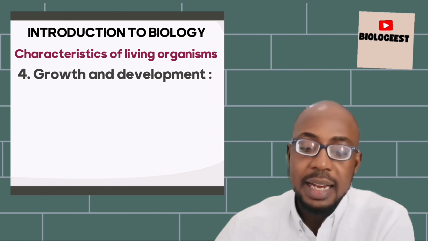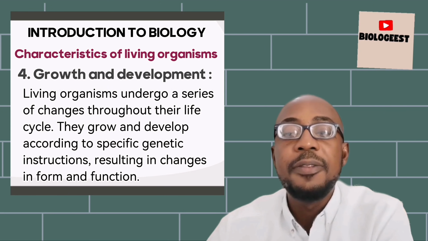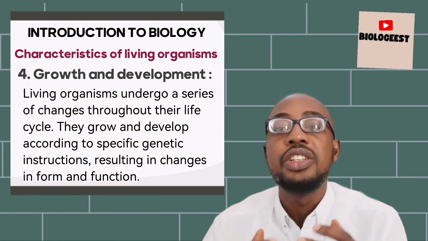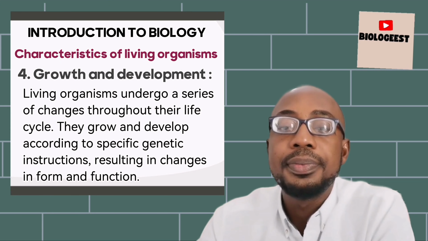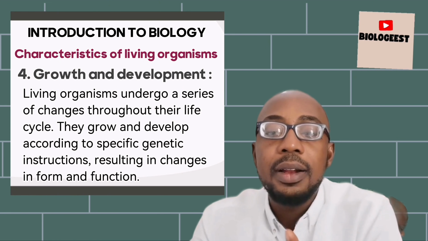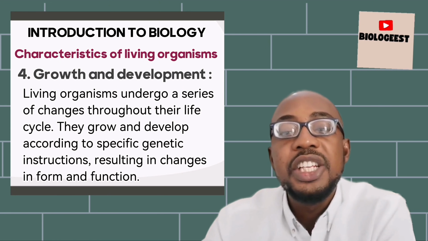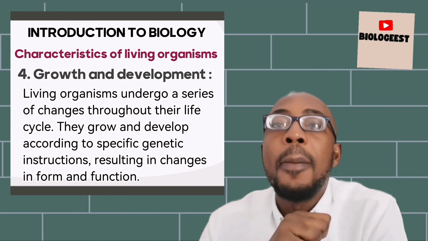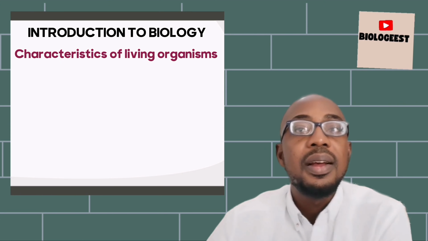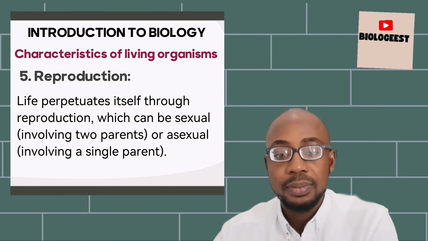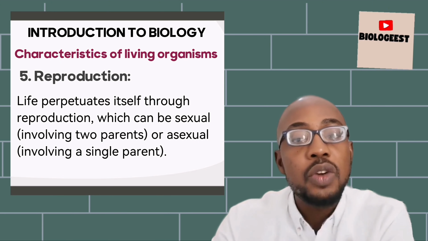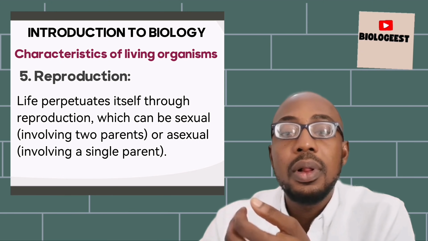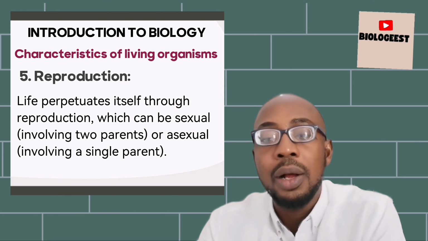Another characteristic that defines life is growth and development. Living organisms undergo a series of changes throughout their life cycle. They grow and develop according to specific genetic instructions, resulting in changes in form and function. We also have reproduction. Life perpetuates itself through reproduction, which can be sexual or asexual.